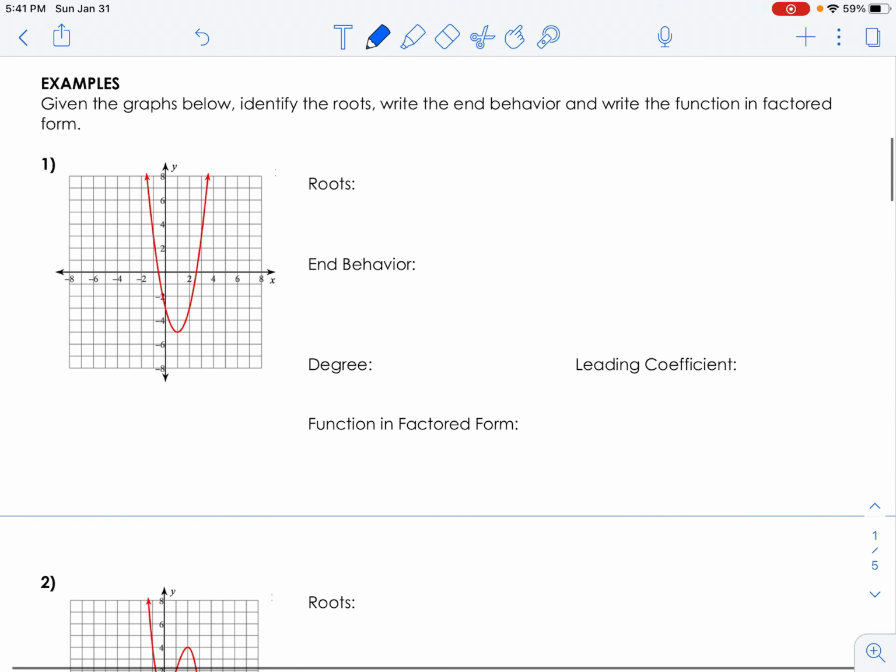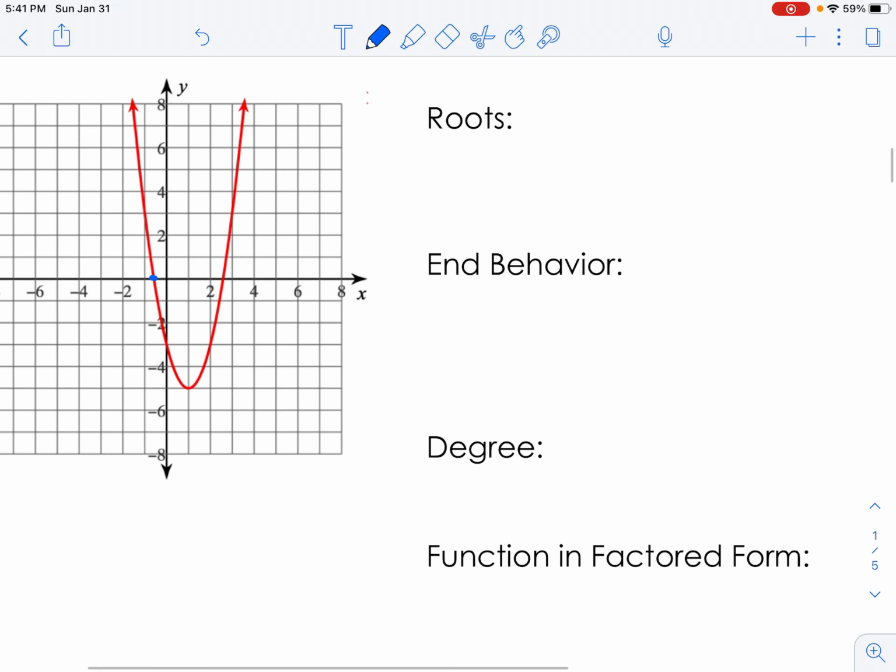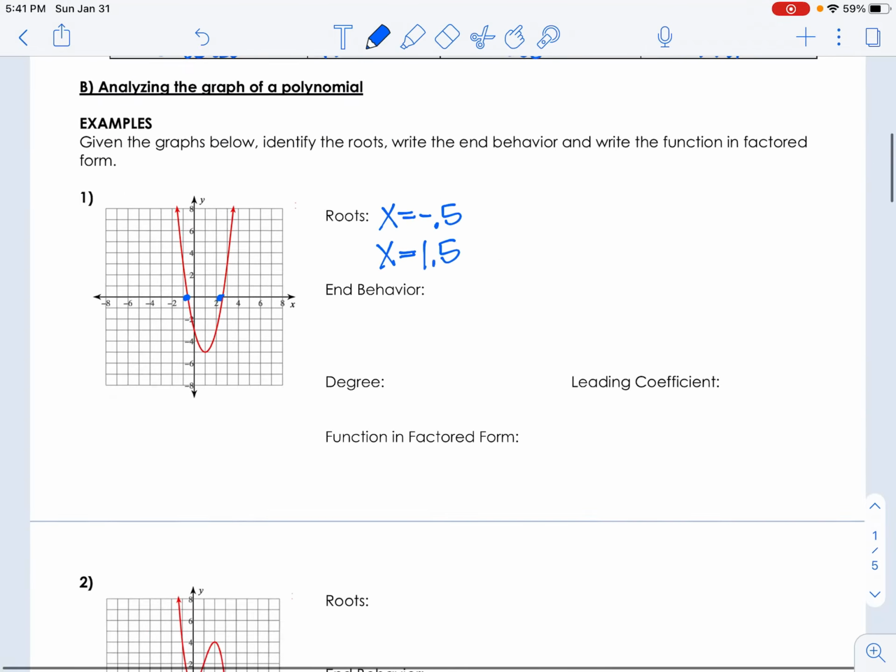So for example, given the graphs below, identify the roots, write the end behavior, and write the function in factored form. So here we have 2 roots. We're just going to estimate that they are -0.5 and positive 1.5.